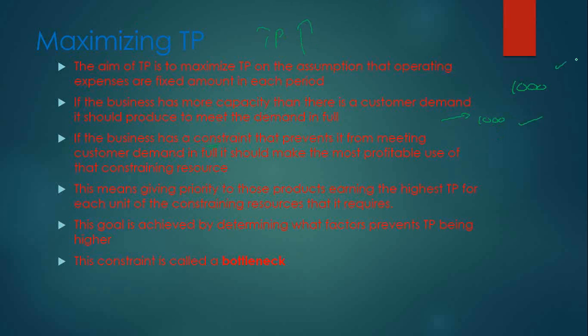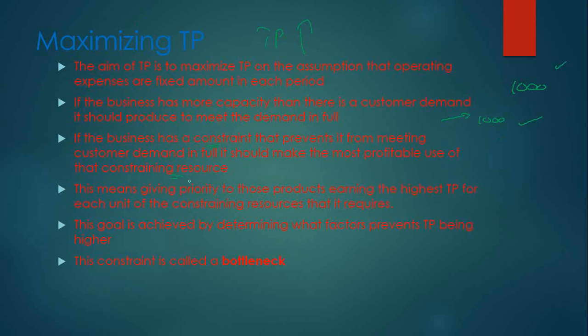So that constraint must be used to the maximum to get the best TP. So that is what it means. If you don't have a problem, you must go and produce the maximum.